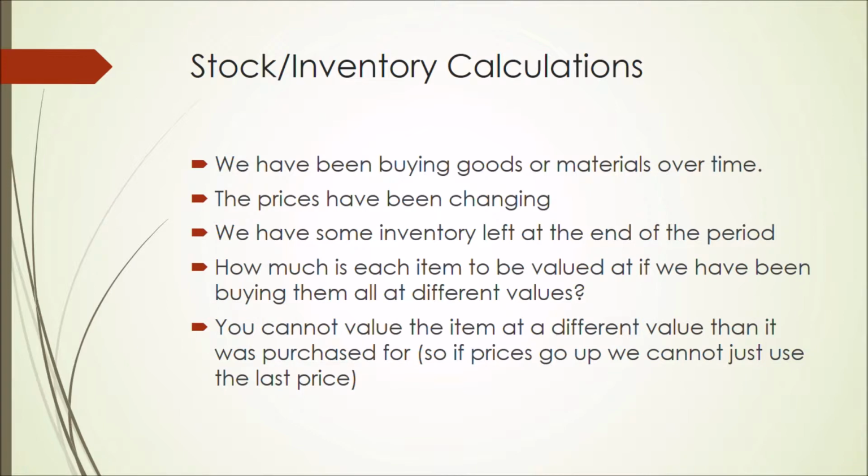So you can't say, well, we bought 50 at £12 and 50 at £13, we've got 100 left, so let's value them all at the last price, at £13 each, because that would be making a profit on something that you haven't sold yet. That wouldn't be allowed.